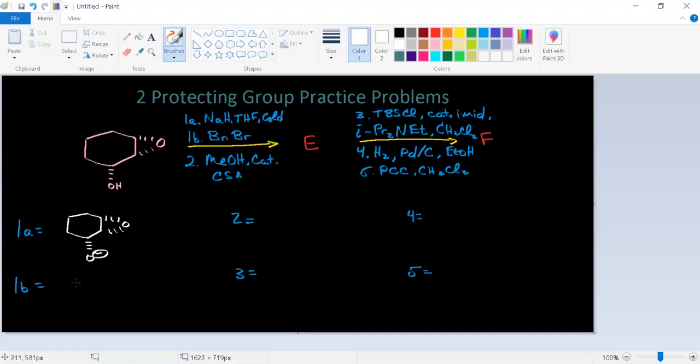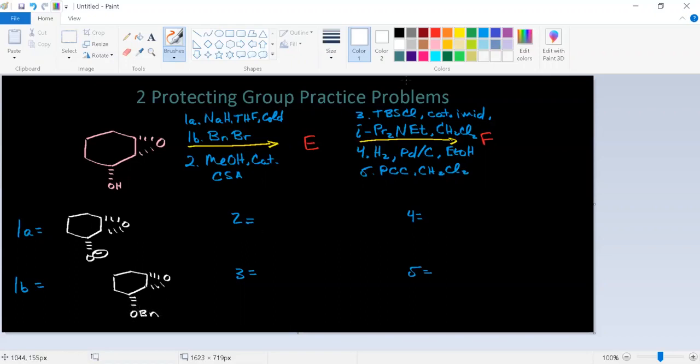And so part 1b introduces benzyl bromide. Benzyl bromide with this anion on our oxygen will let us do an SN2 here. Performing the SN2 gives us this thing down here.